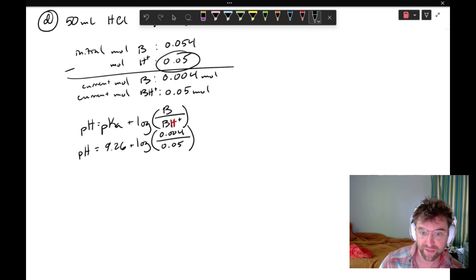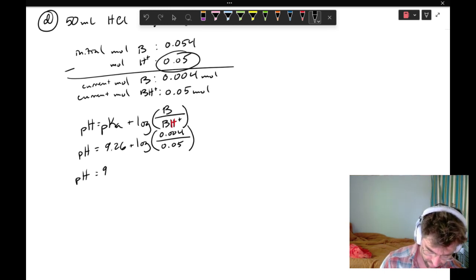Number of moles, rather. Hit that through the calculator.